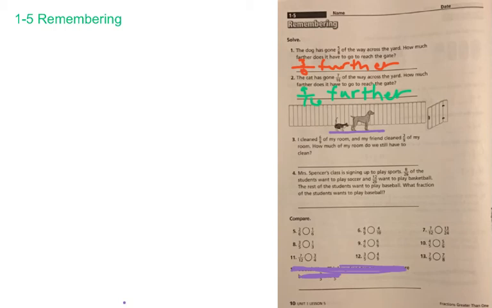Numbers 5 through 13, you're comparing fractions again, and you can use different methods, meaning you can multiply the denominators straight across to get a common denominator. You can use the cross method, or you can use a common factor to find the least common denominator between the 2 denominators.